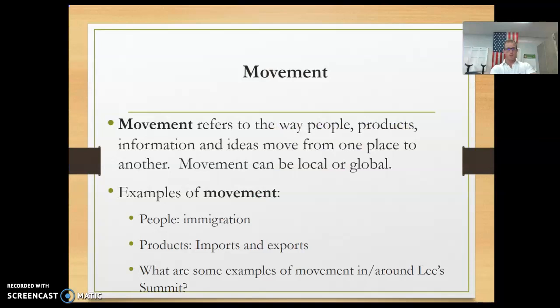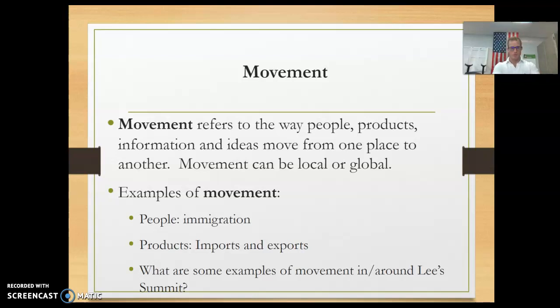Movement refers to the way people, products, information, and ideas move from one place to another. A movement could be local or global. Examples of movement could be people immigrating, people leaving, products being imported, brought in, or exported. What are some examples of movement in and around Lee's Summit that you can think of?